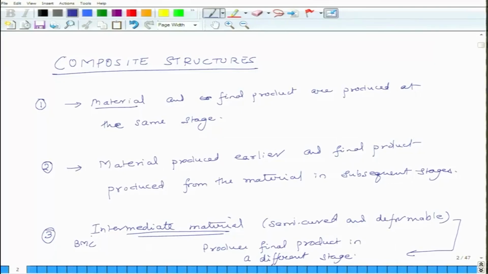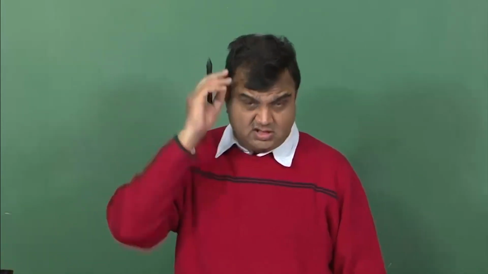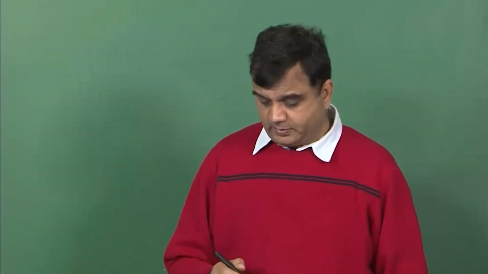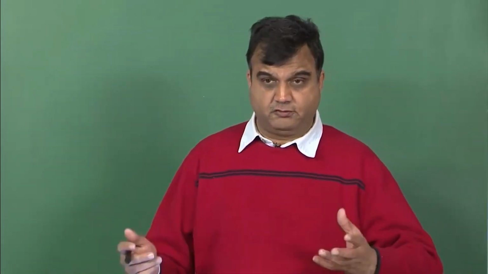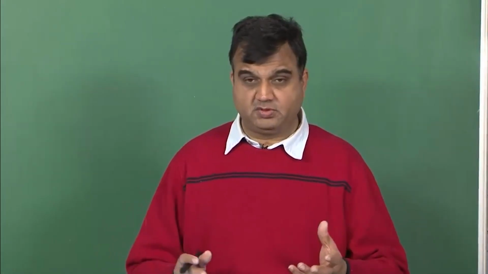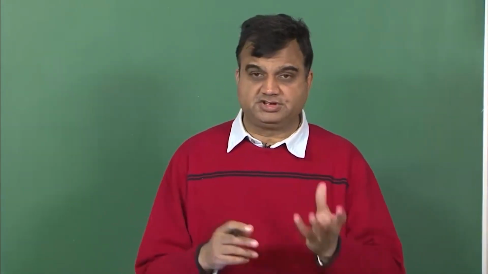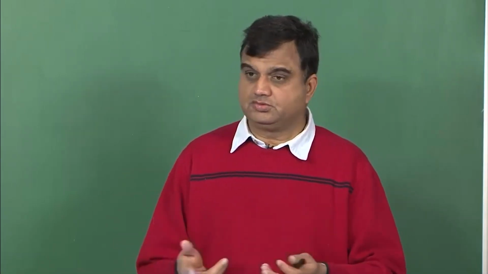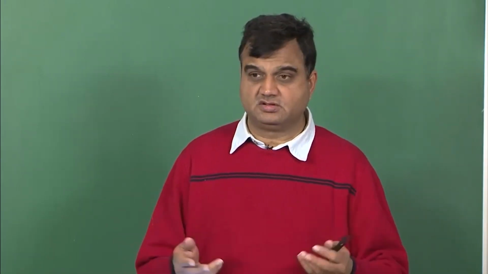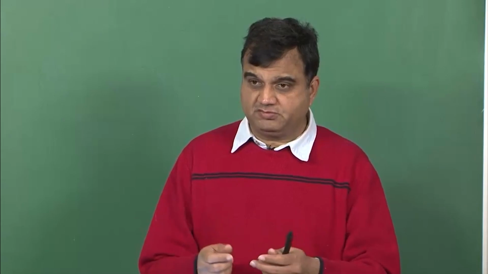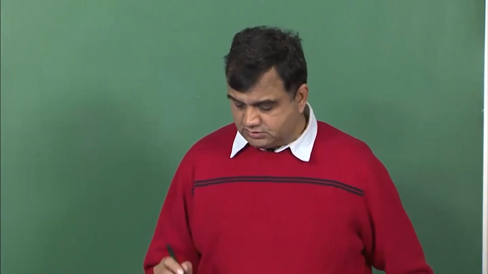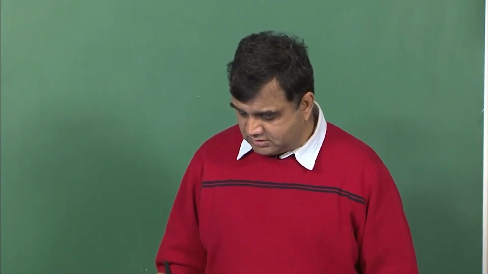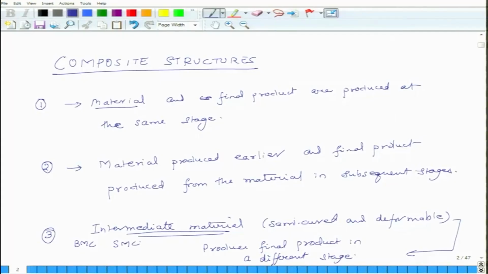They are already premixes of fibers and matrix, semi cured, not cured fully. They do not flow, they hold their shape, but you can give them whatever shape. So, it is like dough which you use to make chapatis or pudis. You can give it whatever shape you want and then somehow you cure it. So, BMC is bulk material compound, SMC is sheet material compound, and we will explain this later.